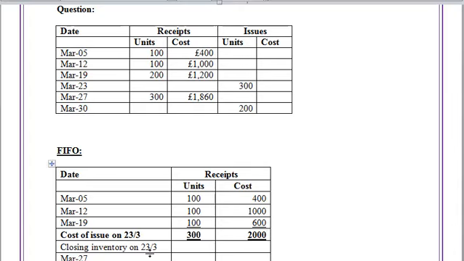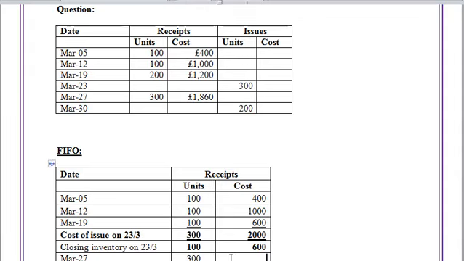And then we have the closing inventory on the 23rd of March. You took 100 units from that bracket and there are 100 units left. And we said it was £600 that it cost us. Then you received again 300 units on the 27th of March.